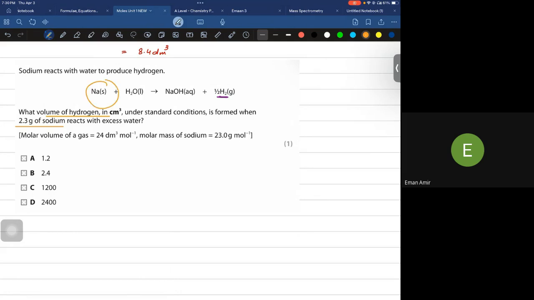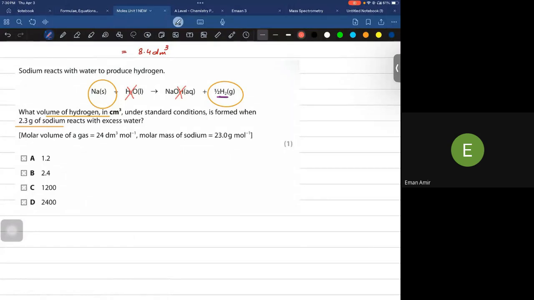Of course, this and this. I will not consider this and this. So first of all, the preliminary step to do these types of questions is to consider what is given to you and what is required. It will ease your working.